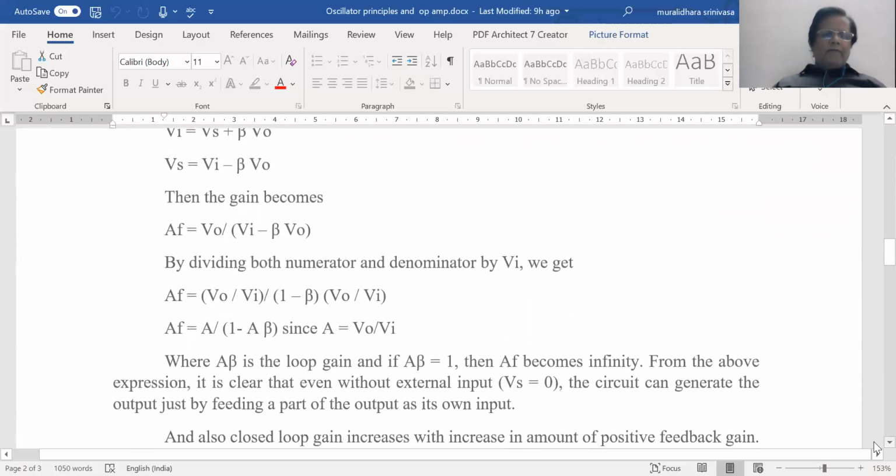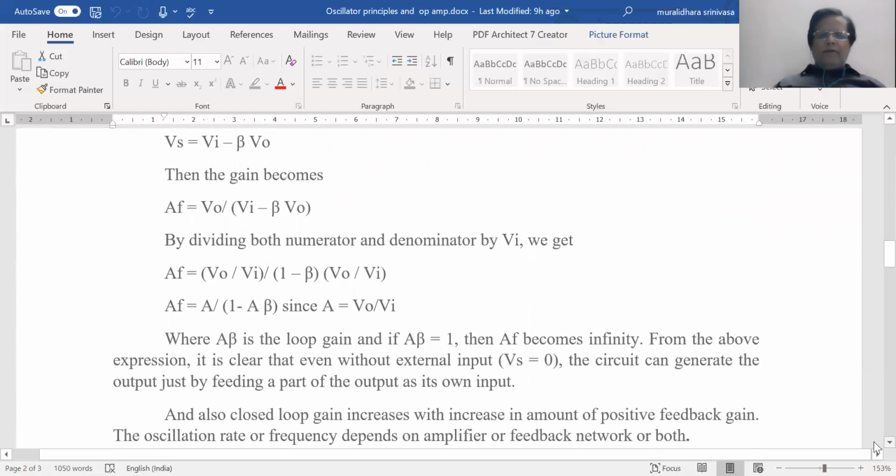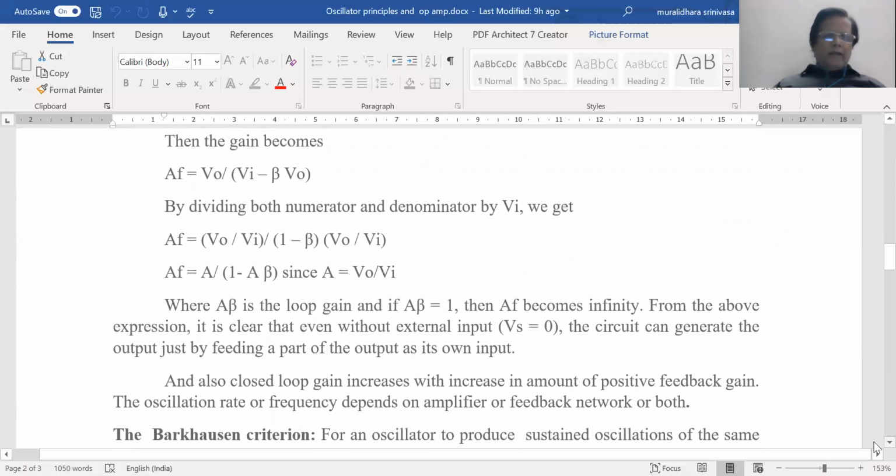Therefore, the gain AF becomes V naught by Vi minus beta V naught. If you divide the denominator and numerator by Vi, you get AF is equal to V naught by Vi into 1 minus beta V naught by Vi. AF therefore becomes A divided by 1 minus A beta, since A is equal to V naught by Vi. Work it out, it is simple. Where A beta is the loop gain.